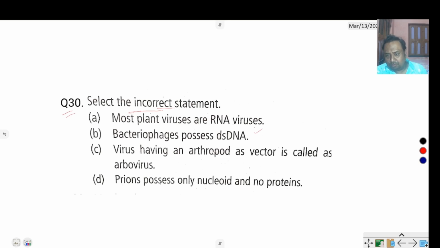Viruses having an arthropod as vector are called arboviruses. Right. Examples: dengue, chikungunya. Prions possess only nucleic acid and no protein? Prion is an infectious protein. So the incorrect option is D.